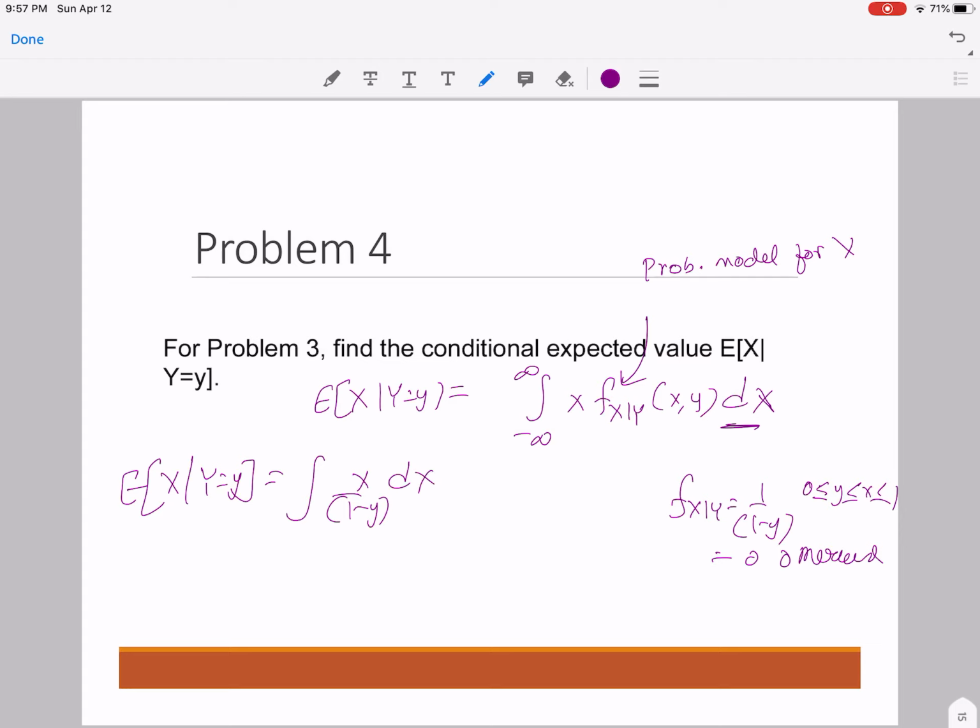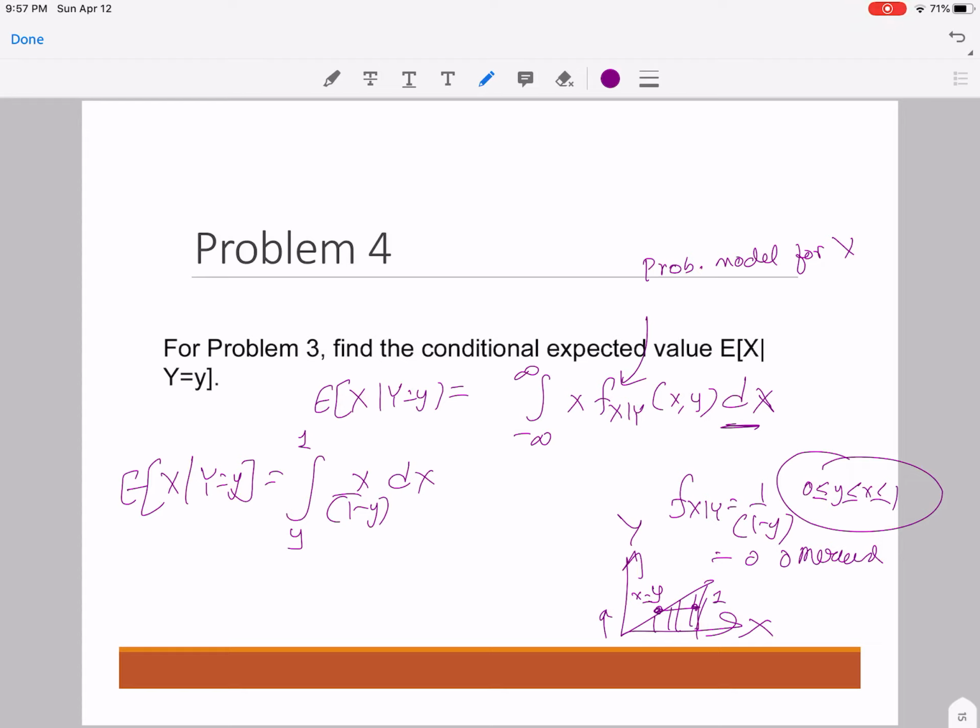The limits of integration will depend on the region of non-zero probability, which is this one right here. So let me plot that region one more time. For any Y, X varies from Y to 1 in this region, so the limits will be from Y to 1.